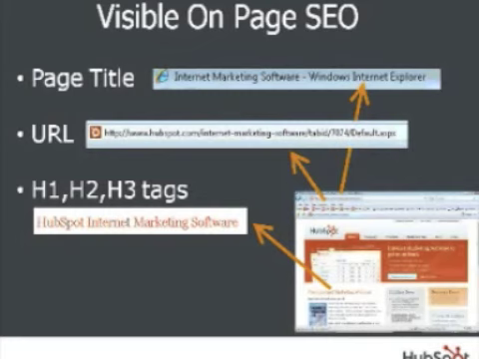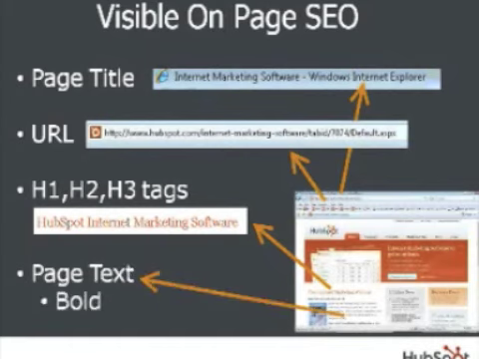Those are basically the big, bold headlines on your page, and Google and the other search engines do look at those headlines as being more important than the other text on the page. So you want to make sure that you've got good keywords in there as well. So you look at all three of these things so far: I've got "internet marketing software" in all three of those fields. And then finally, on the page text itself, I've got the words "internet marketing software" in that page text.